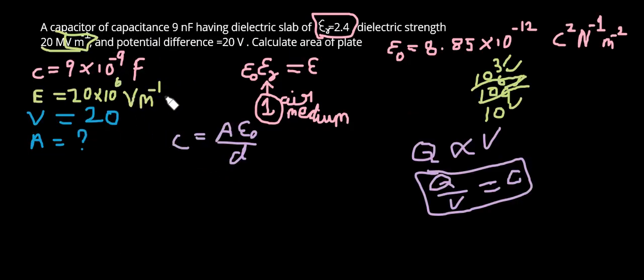So we don't have the value of D. Instead of that we have the value of potential difference.